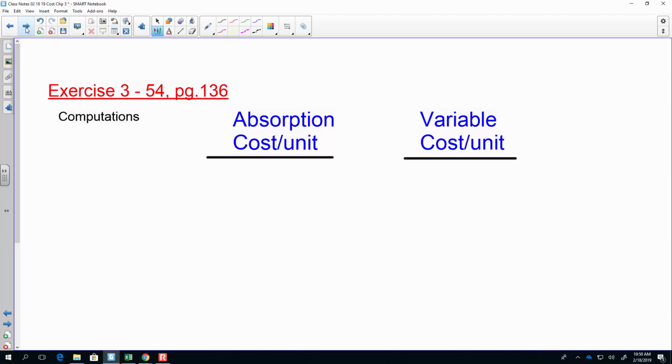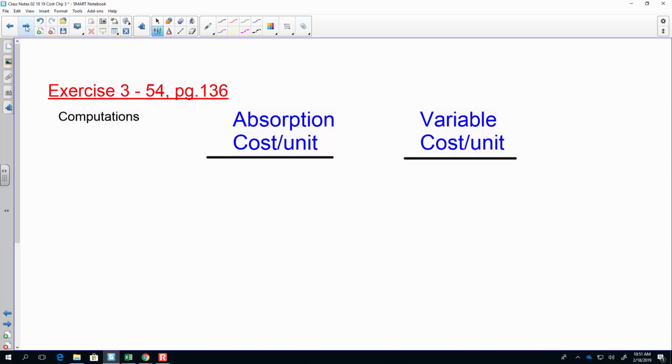There's some variable selling and fixed selling and fixed admin. And that says the unit cost was based on 30,000 units produced, the fixed unit cost. Calculate the cost per unit using absorption, cost per unit using variable. Compute the income for both methods, and that's it.